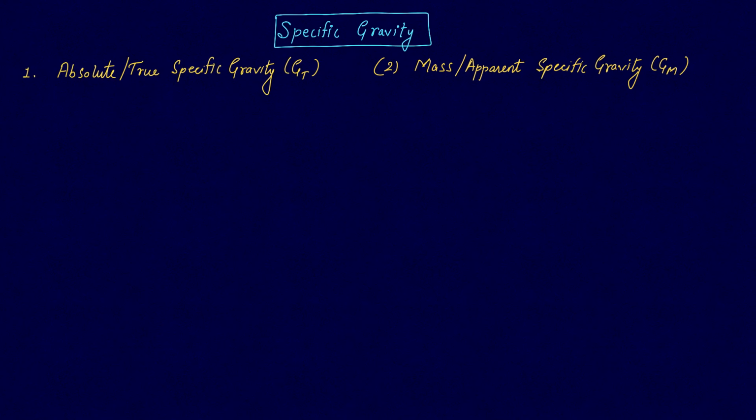Among these two, which one is more popular, which is mostly used even in the formulae, and which one is the bigger one, we are going to understand in this lecture.